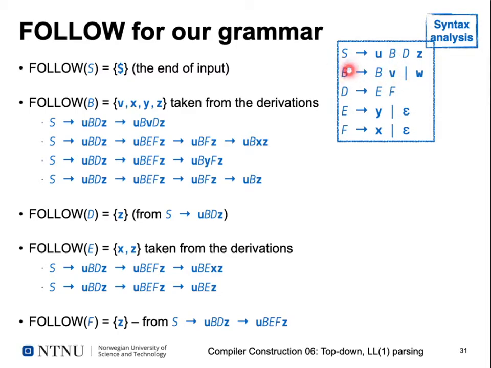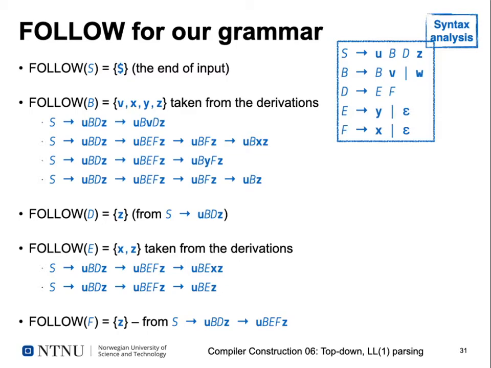So from non-terminal B, we resolve non-terminal B and terminal symbol V. And then we have something else, for example, we go up again here and say we have D and Z. So we have U, B, V, D, Z. And it doesn't really matter that there's more non-terminals, because we know there's one terminal symbol to the right of B. So V can appear as one of the follow terminal symbols following our non-terminal B.